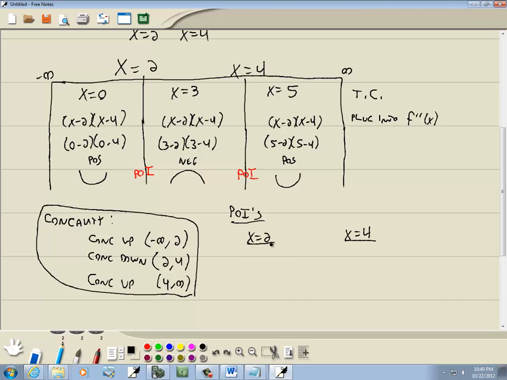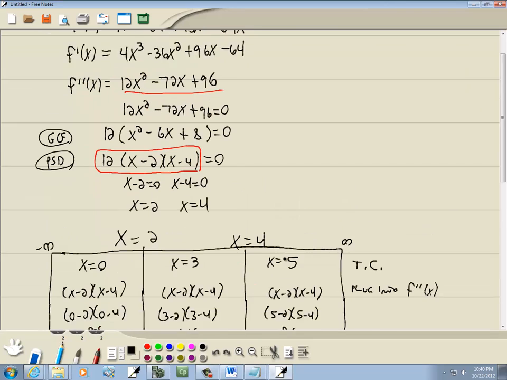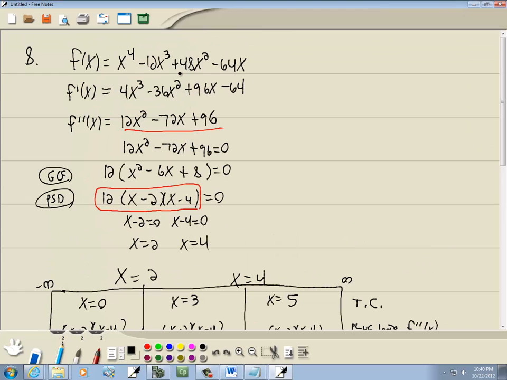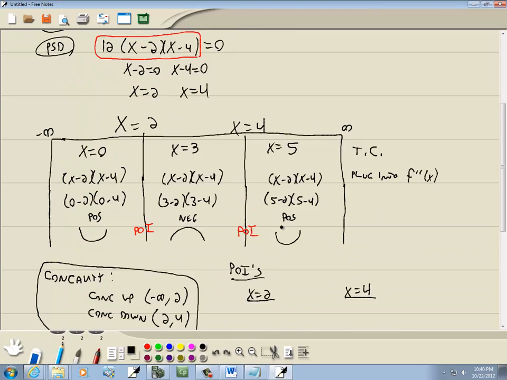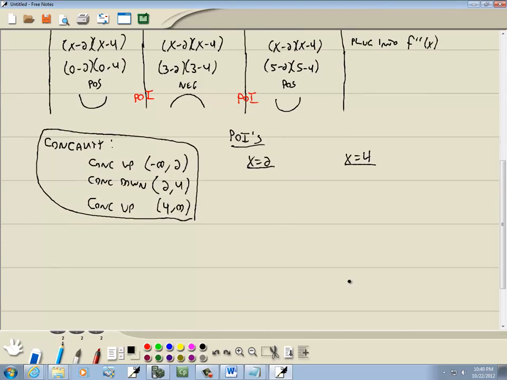Now, points of inflection, that means they should be a point. So we need to plug those values back into our original function and find the y value. And I'm not sure if I left enough room there.